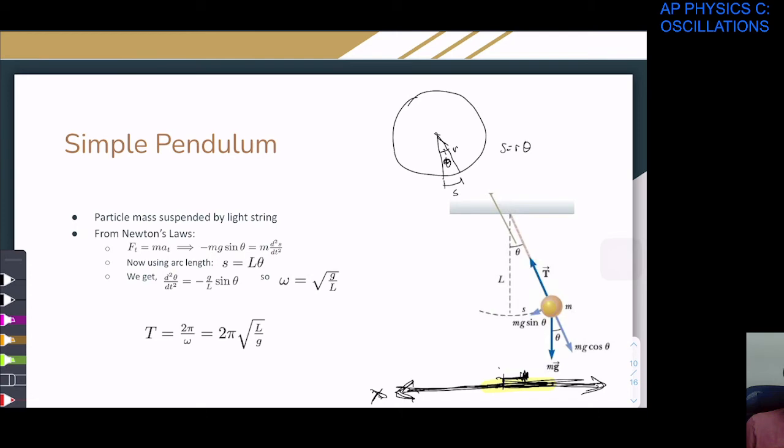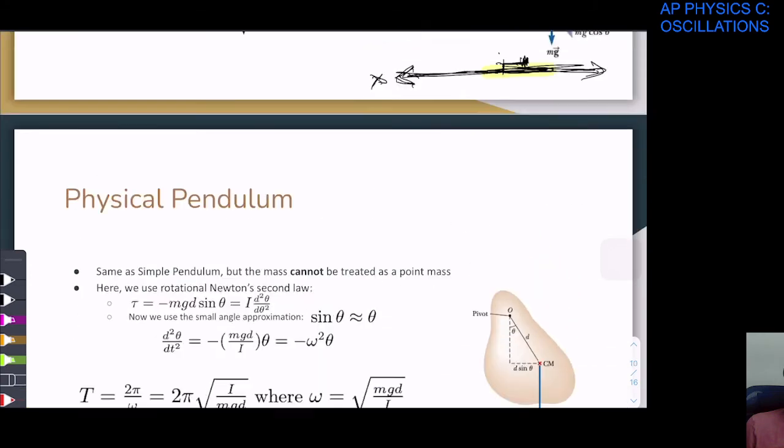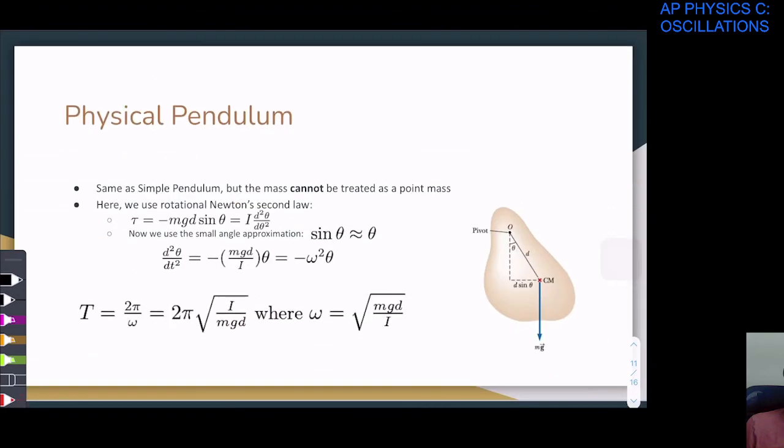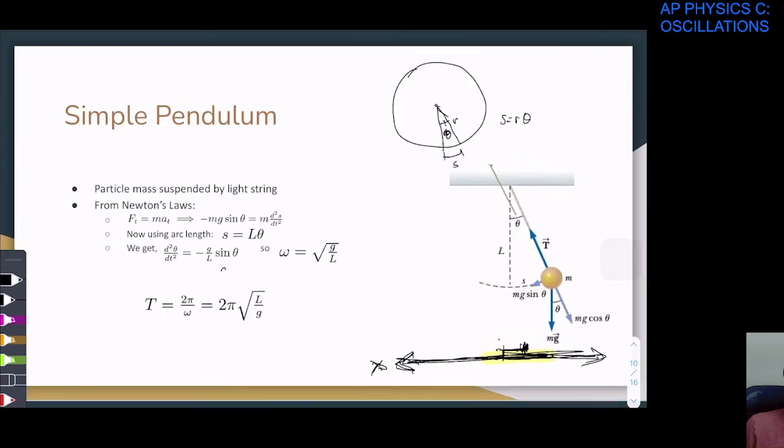So we have here acceleration is proportional to the position. And we can use this small angle approximation, which we'll use on the next slide. It basically is that sine theta is approximately theta. And we basically get what we want, which is that acceleration is proportional to our position theta here.